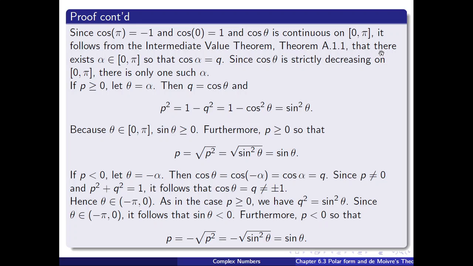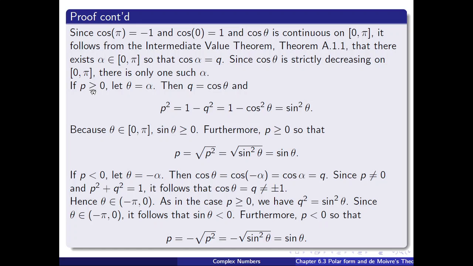It says that there will definitely exist alpha between 0 and pi such that cos alpha is equal to q. And since cos theta is strictly decreasing on 0 to pi, there's only one such alpha.